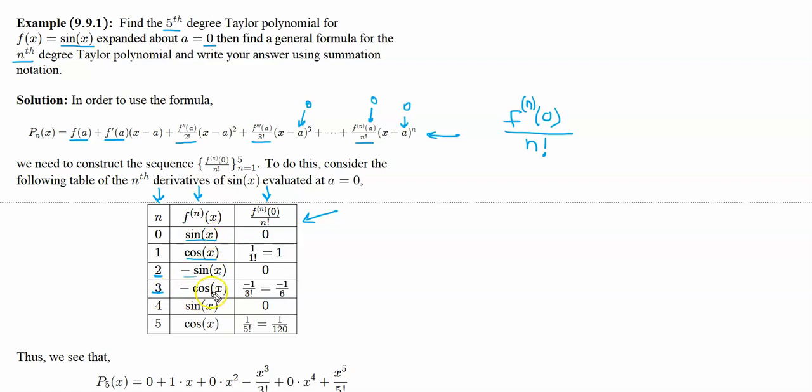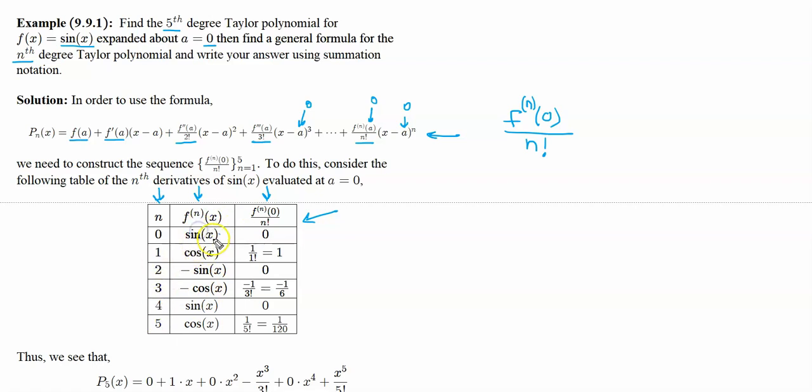The derivative of negative cosine is positive sine, and this is the fourth derivative of the sine function. Then the derivative of sine is positive cosine, and that would be the fifth derivative of the function we started with.